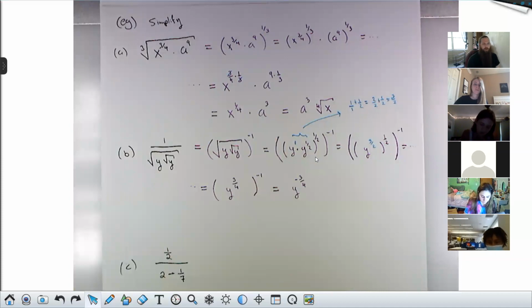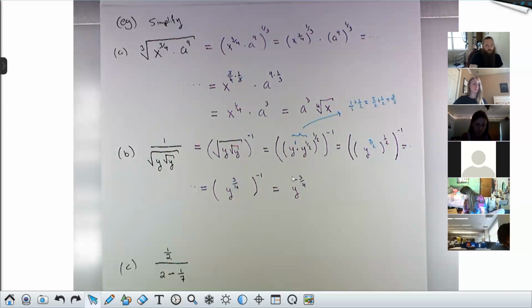Yeah, that's sort of the idea, Gavin. Yep. We're using the second root, so it's like a 1/2 power. So here, this is like the square root of y cubed all to the 1/2 power, or the square root of y cubed, which is y to the 3/4, or the fourth root of y cubed.